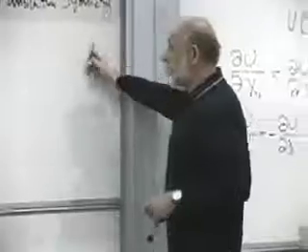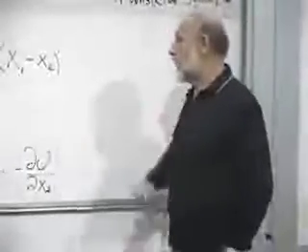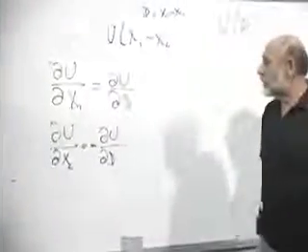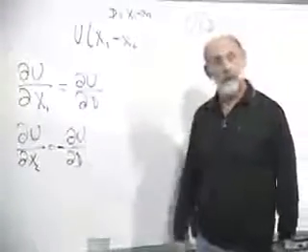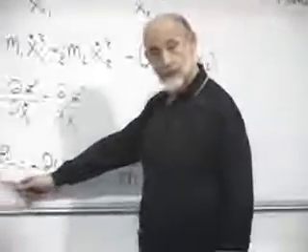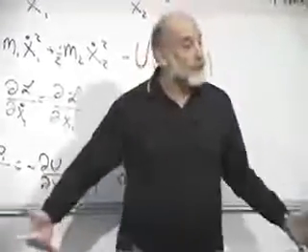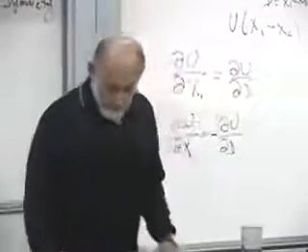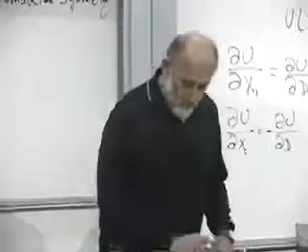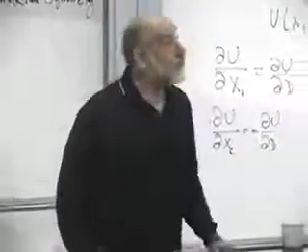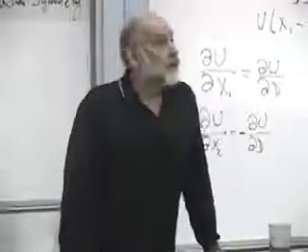The symmetry says that U only depends on x1 minus x2. From that, it follows that the force on particle 1 is minus the force on particle 2, and from that follows conservation of momentum. Conservation of linear momentum, we'll call it. So this is the first example, and we'll see more of them, of conservation laws and their relationships to symmetries.